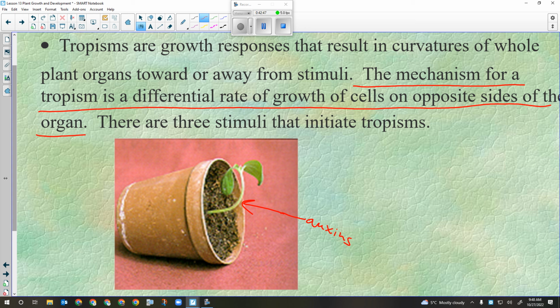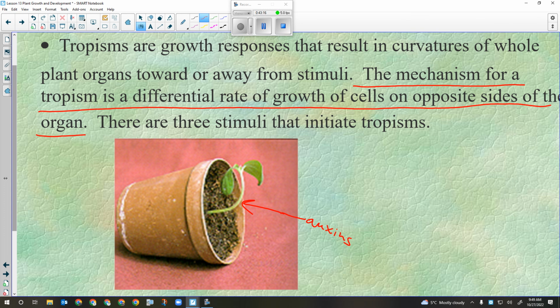That essentially causes a torque, a bending force that turns the plant and makes it grow like this. So differential rate of growth is caused by auxins being secreted by one side of the plant more than the other. You get one side growing faster, and that causes the plant to curve.